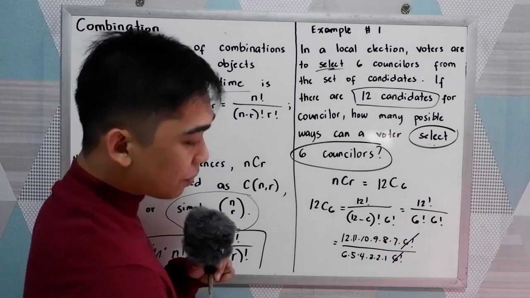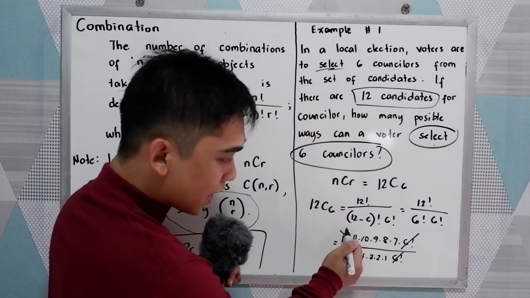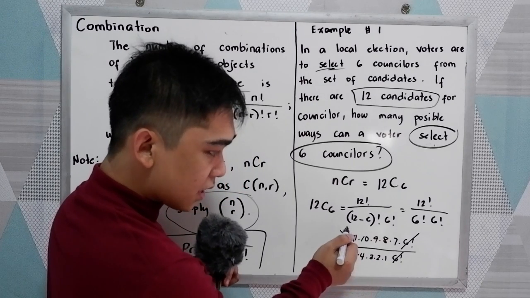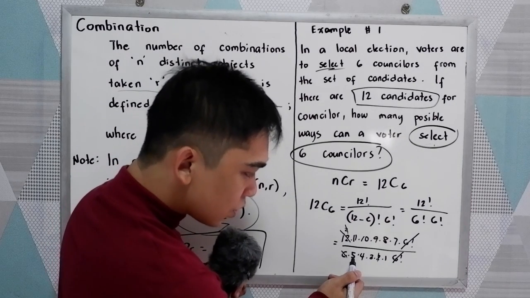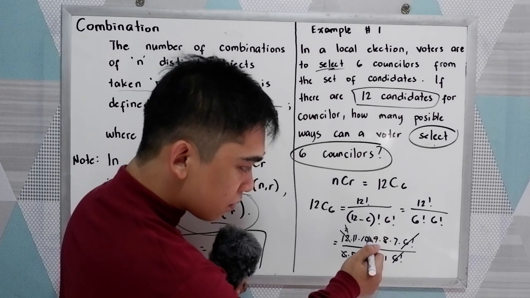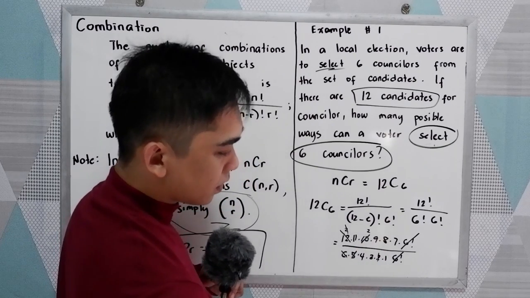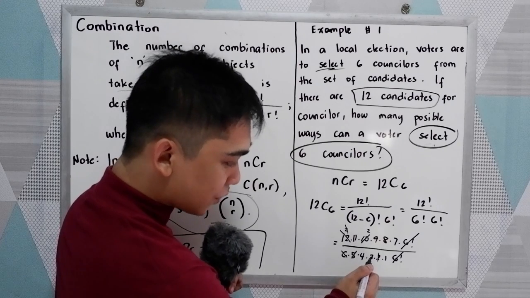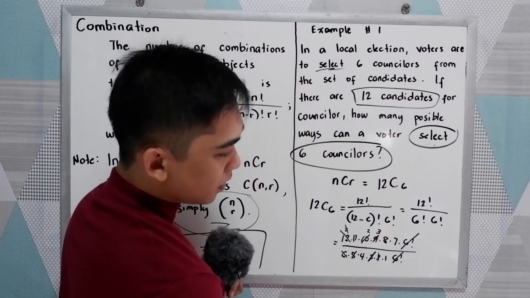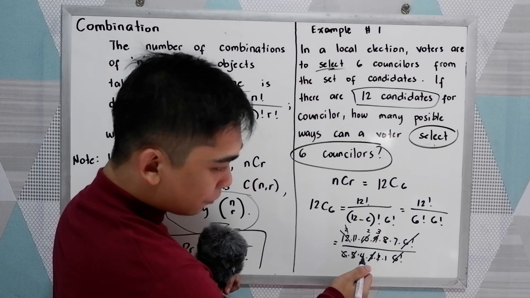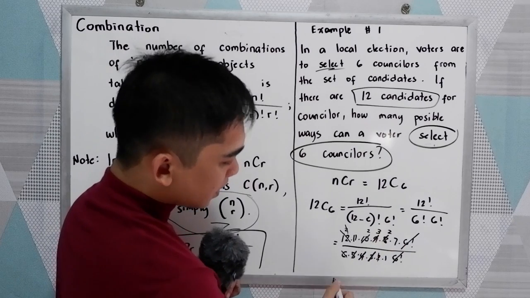Now using the cancellation method, we can cancel 12 and 6. So 12 will become 2. Then you can also cancel 2 from the numerator and from the denominator. Now, 10 and 5, cancel 10, cancel 5. 10 will become 2. Next, we can cancel 3, cancel 3, cancel 9. 9 will become 3. And from 4 we can cancel 4 and 8, then 8 will become 2.